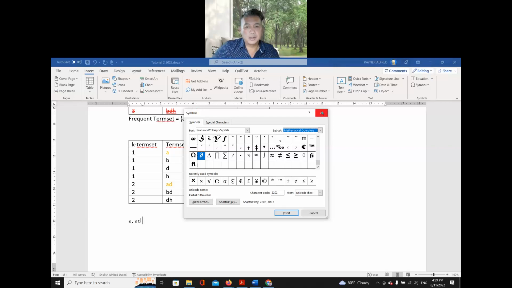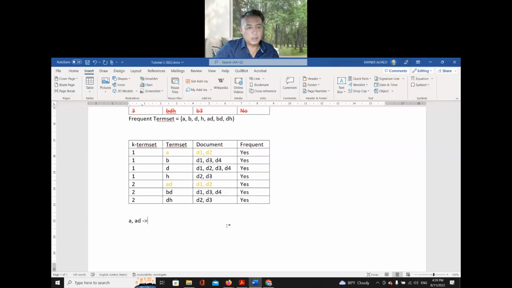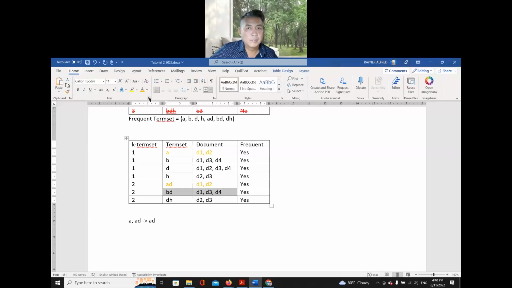Okay, let's just use this one. So this one will use AD, and I will look at this one again, which is similar to B. So I will use blue. So these are similar. So I will say, okay, B and BD can be simplified to become BD.